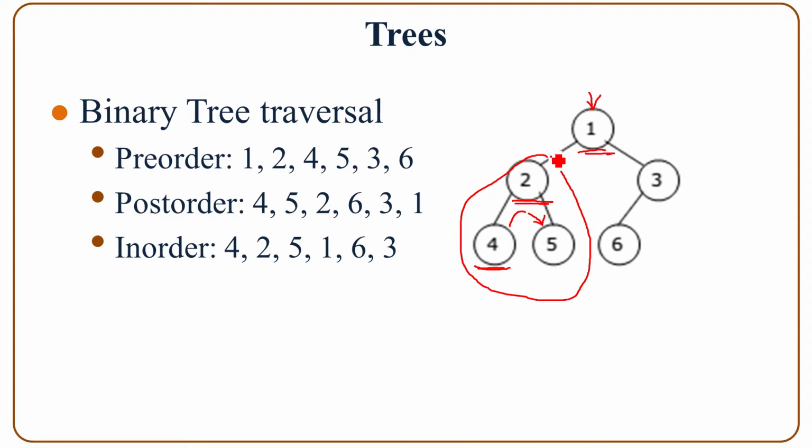Then we move on to the right subtree of node 1. The root of the right subtree is node 3.